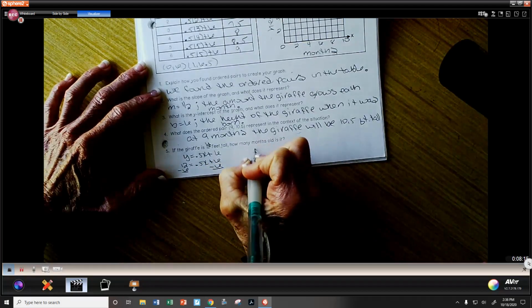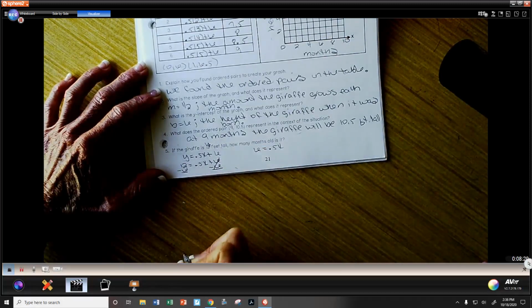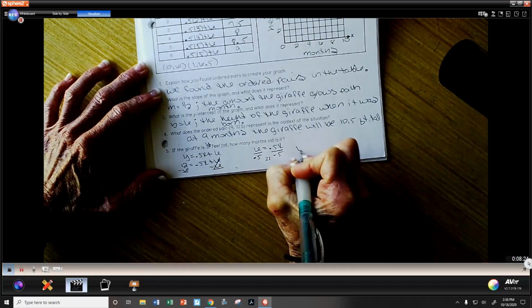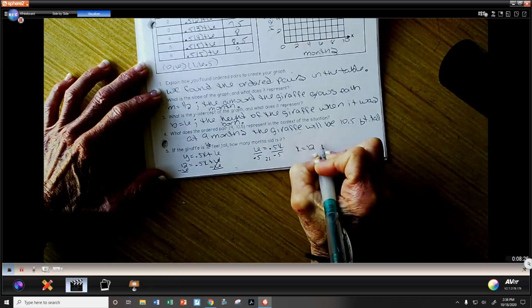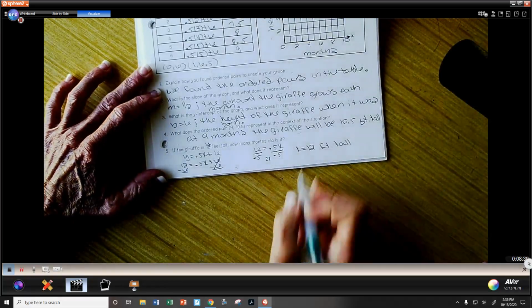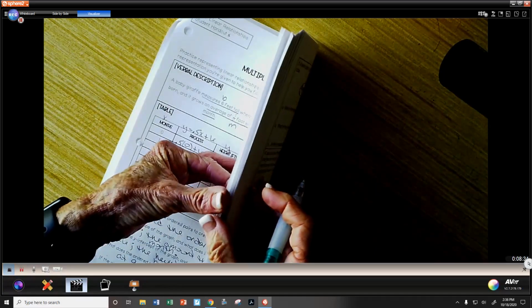So I have 6 equals 0.5x, divide by 0.5, so x equals 12. Okay? All right, flip the page.